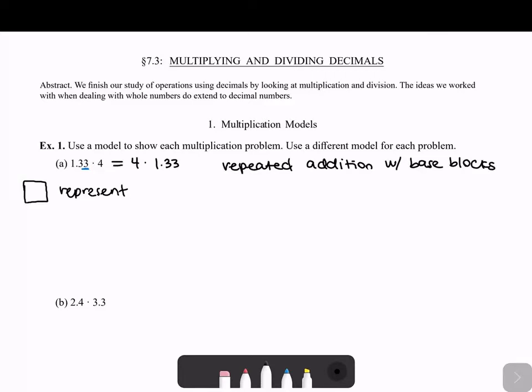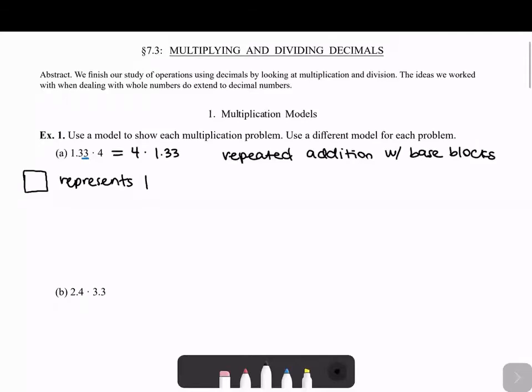And likewise, if your smallest place value is a hundredth, then the flat will represent 1. So that's a nice trick to note: whatever your smallest place value is, the corresponding base block represents 1.